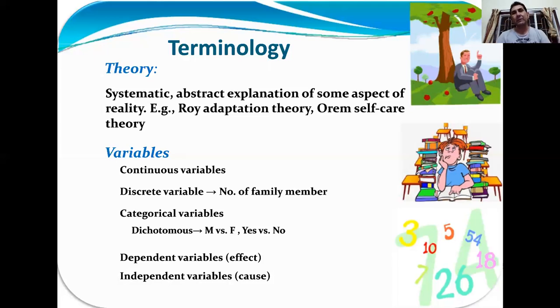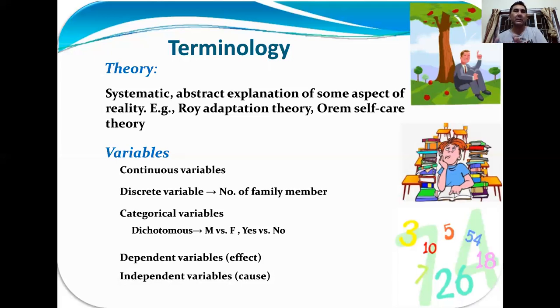And then the other variables are called the dependent variable and the independent variable. The dependent variables are the outcome variables, which are the end result or the effect variables. And the independent variables are the causative factors, risk factors, or determinants. Just like a sedentary lifestyle, lack of exercise, and taking high density food increase the BMI or the lipid profile.